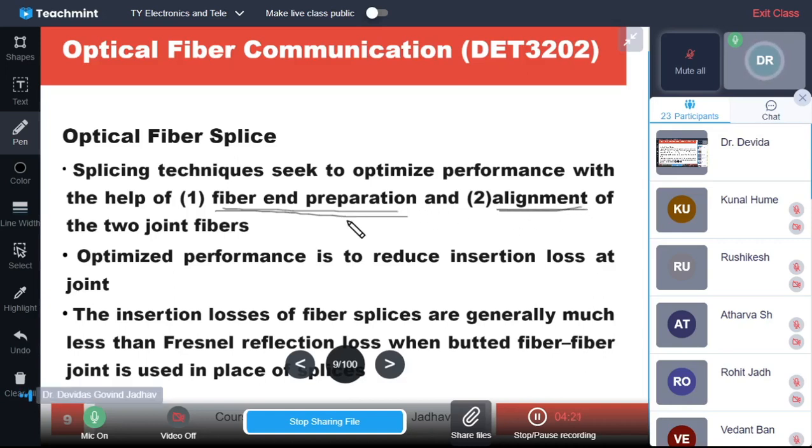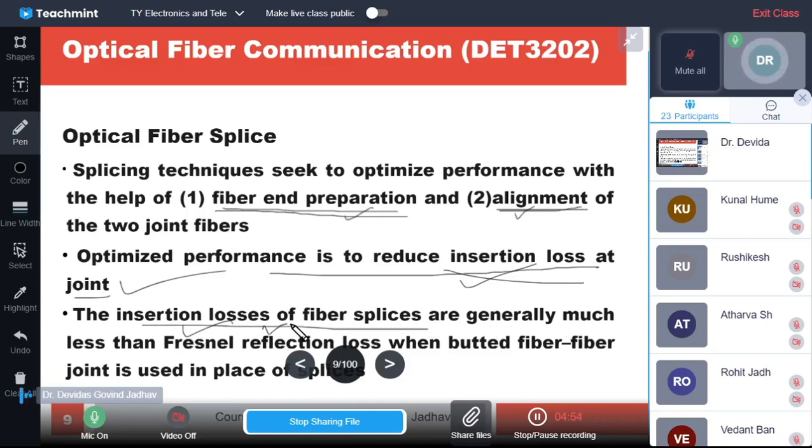These two things are very important in splicing. Optimizing the performance is nothing but reducing the insertion loss of the joint. We will have the formula of the insertion loss afterwards, and we will calculate the insertion loss in the joints afterwards. So insertion losses of fiber splices are generally much less than Fresnel reflection losses.